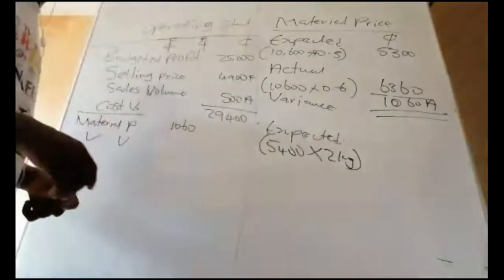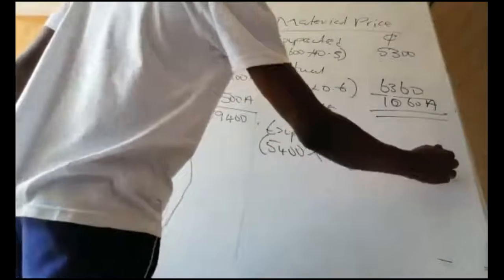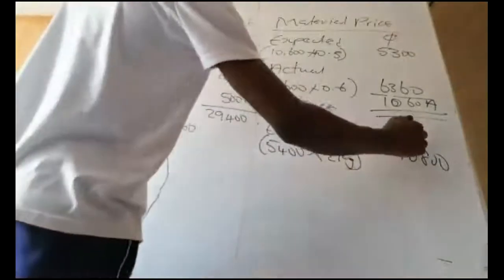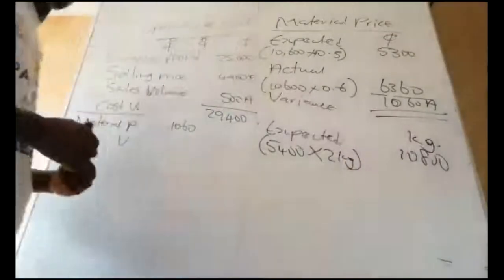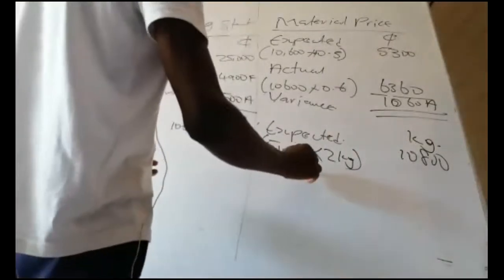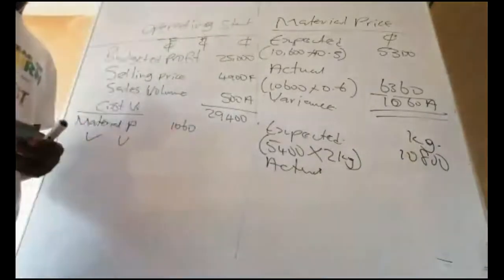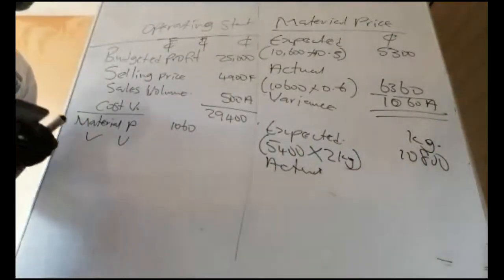Multiplying this, you get 10,800 kg. So normally I put kg here. That was the expected kg.